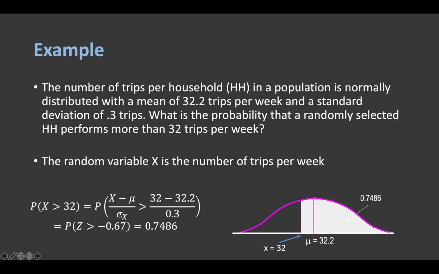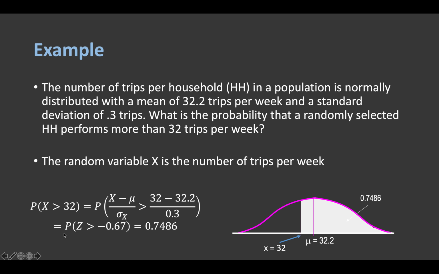To convert to a standard normal distribution, we use x minus mu divided by sigma x. We need that to be bigger than (32 minus 32.2) divided by 0.3. So minus the mean value and divided by the standard deviation.